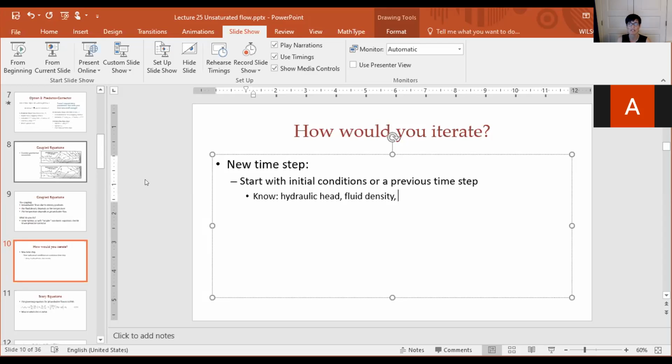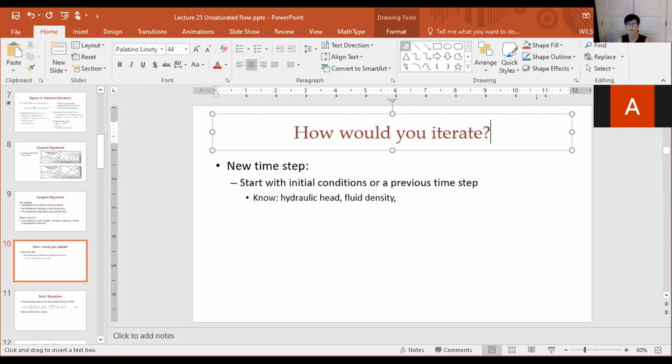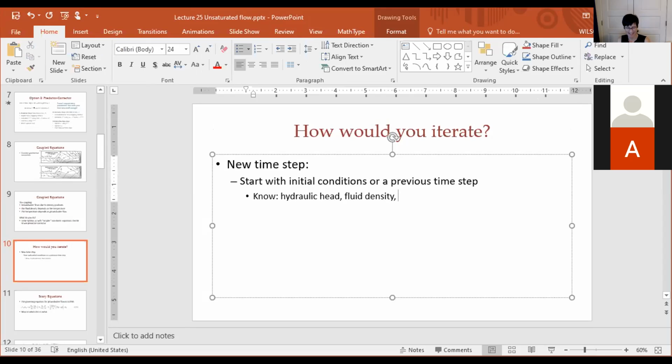We do know initial conditions and boundaries. That's sort of part of the original setup. So we'll say we know the initial conditions. Do we know the starting temperature? Yeah, we know the temperature. Excellent. Thank you. There we go. We know the hydraulic head, we know the fluid density, we know the temperature from the initial conditions or from the previous time step.